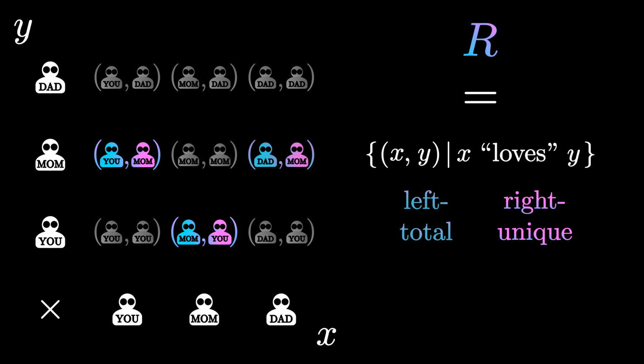The previous one would be both, and this is what mathematicians would call a function. A binary relation, in other words, a set of pairs, that is left total and right unique. And we haven't done any calculations here. But let's take a quick look at an example with numbers. Let's say that the sets x and y correspond to the set of all real numbers greater than or equal to 0.